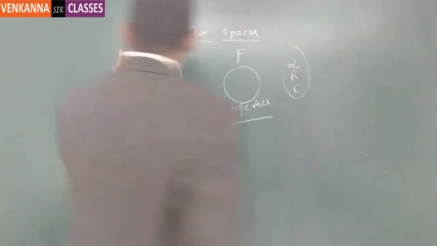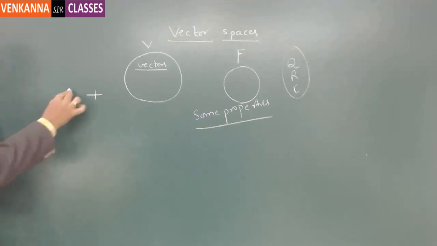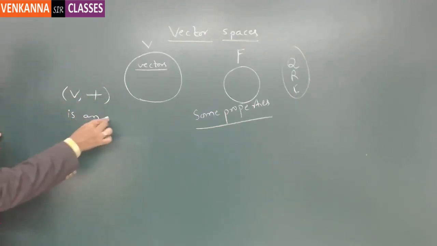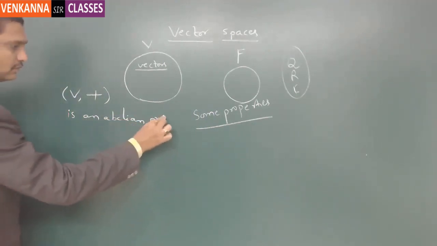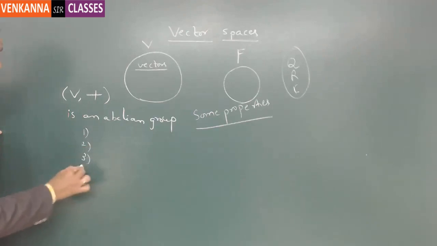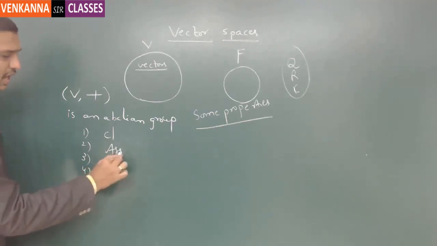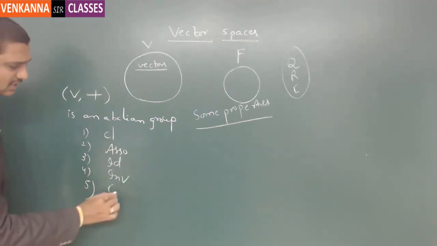On the set V, I will take the operation plus and check whether V comma plus is an abelian group or not. What is meant by an abelian group? It satisfies the five properties as I mentioned earlier: closure, associative, identity, inverse and commutative.